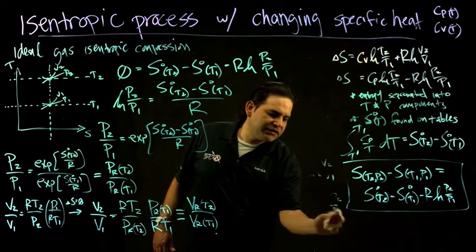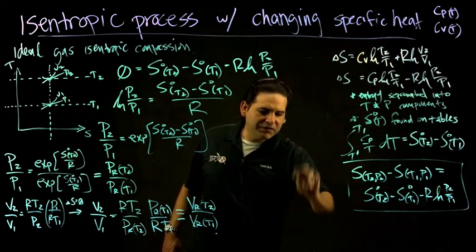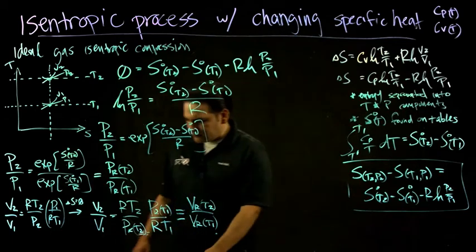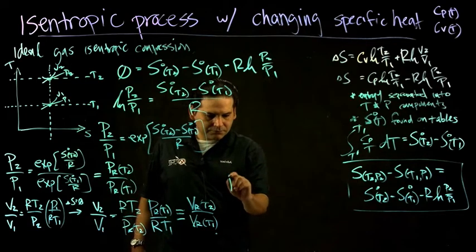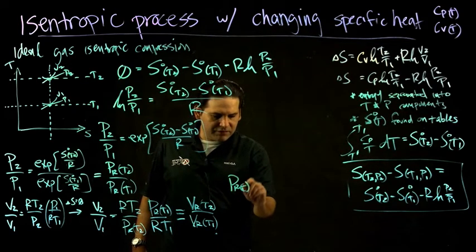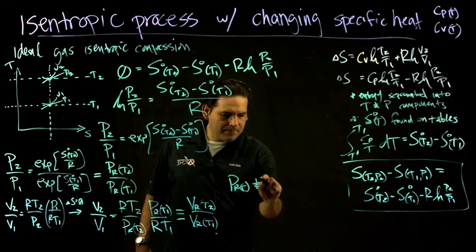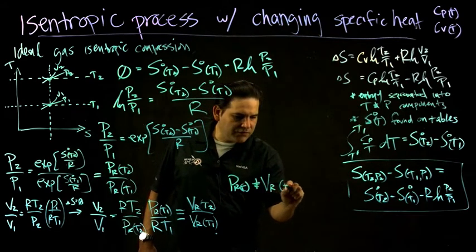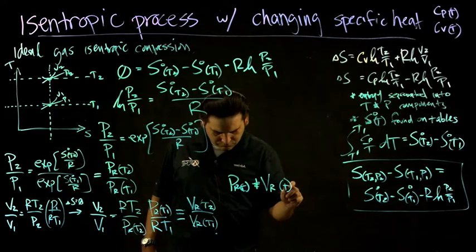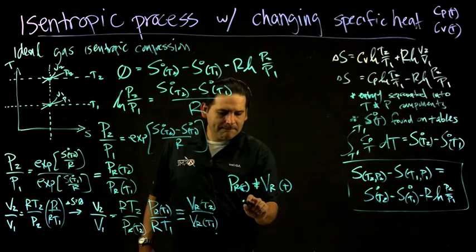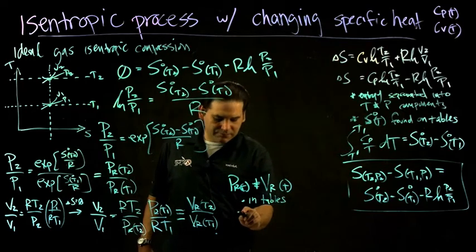Otherwise, you would have to do this integration, which you may not be able to do when you don't know the endpoints of the integral. This relative pressure and relative volume are found in tables, ideal gas tables to be specific.